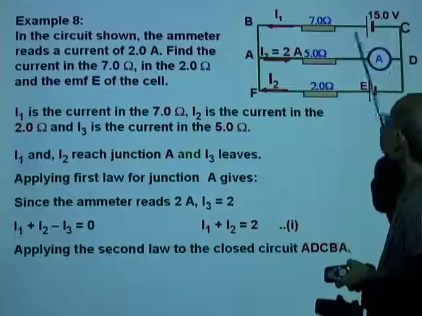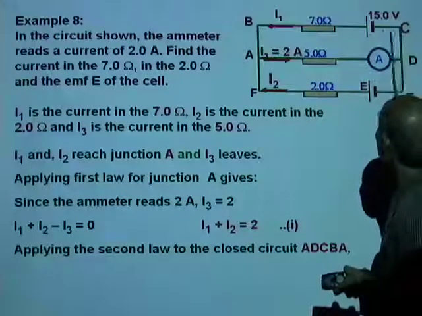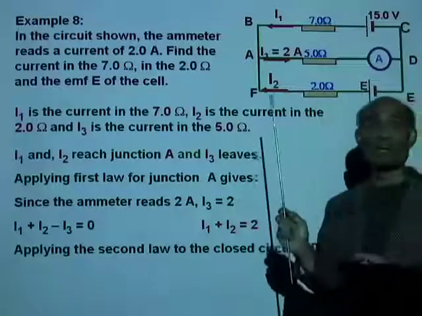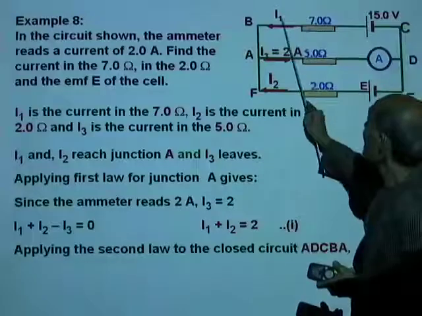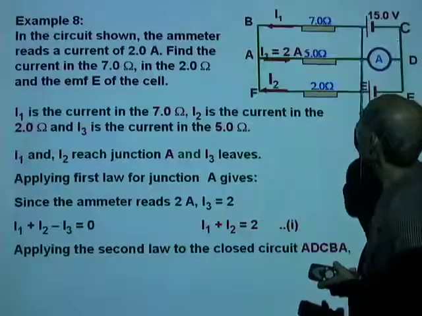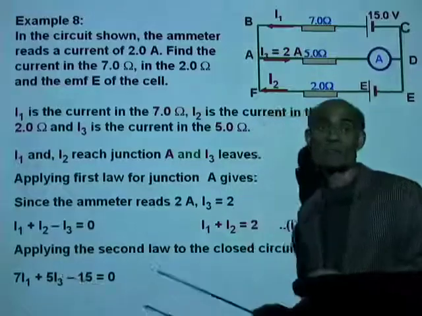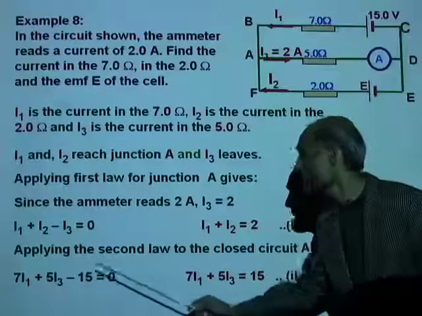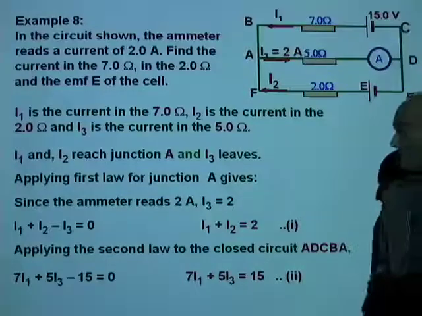But the loop is traced out, you see that? A, D, C, B, it traced out from the negative to positive of the cell. The potential drop across the cell is negative. So what's the equation? 7I1 plus 5I3 minus 15 equal to 0, or we rewrite it as 7I1 plus 5I3 equal to 15.